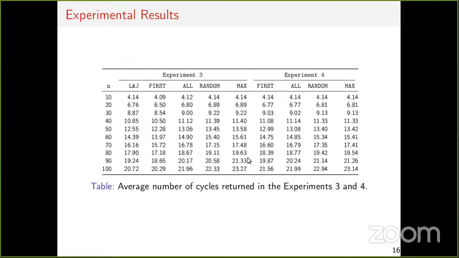So the results, in average, with the better number of cycles are from the max variation of experiment 3, that is, the grid algorithm with max variation followed by the Taboo Search algorithm.